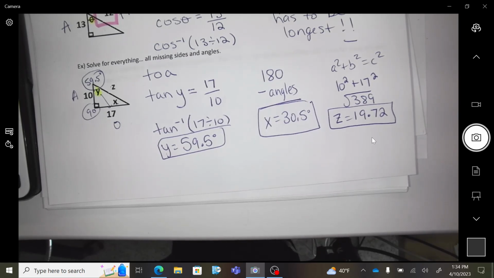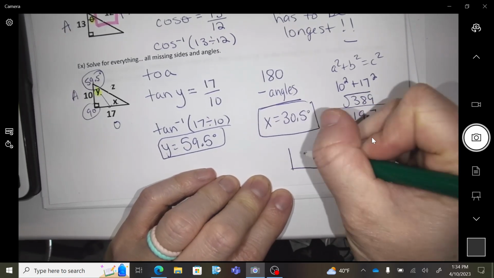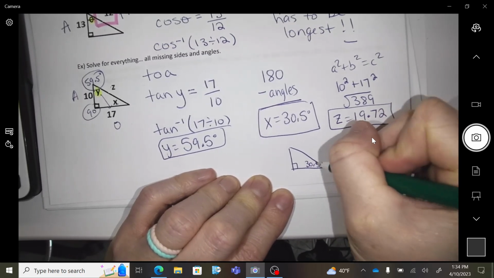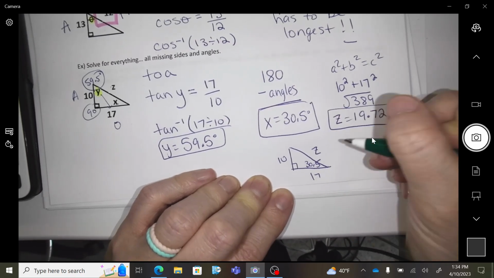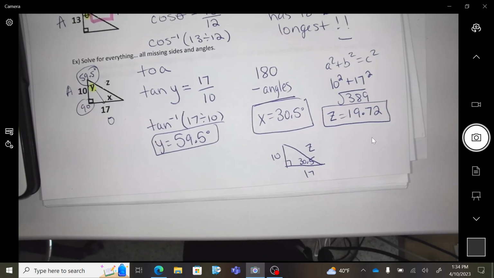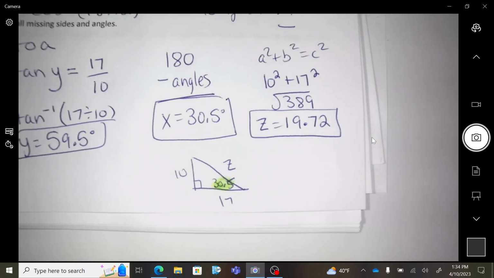Okay, I'm going to make you solve for Z in another way, just to show you that it also is going to work. All right, let's go with, if I knew this one was 30.5, can you pick me some kind of SOHCAHTOA ratio?